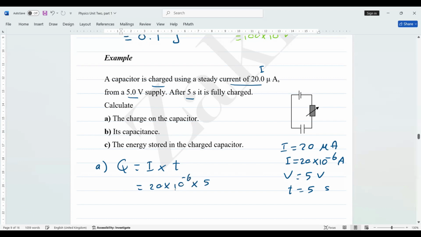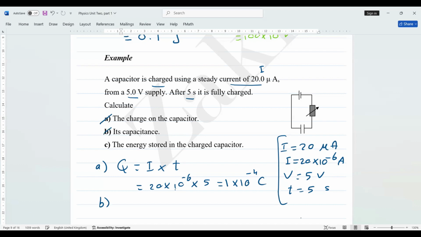Then the answer, using the calculator, 20 multiply 10 to the power of negative 6 multiply by 5, is 1 times 10 power negative 4 coulomb. Now we solved part A, calculate the charge.